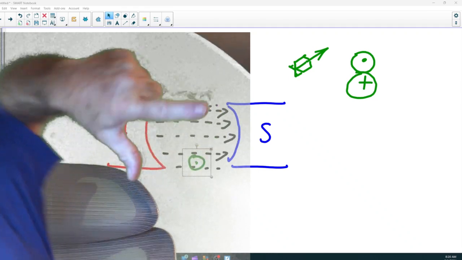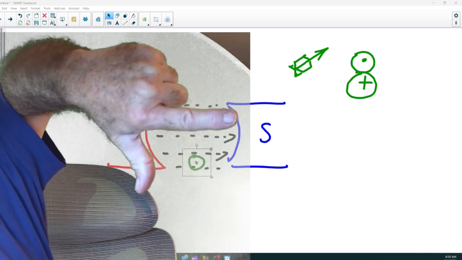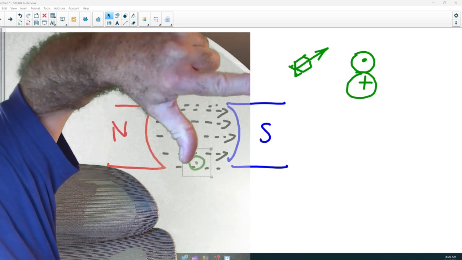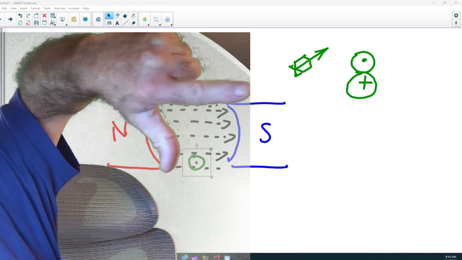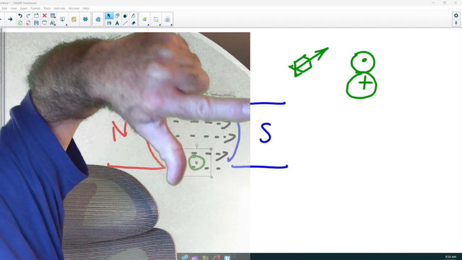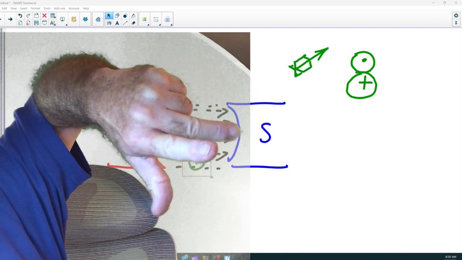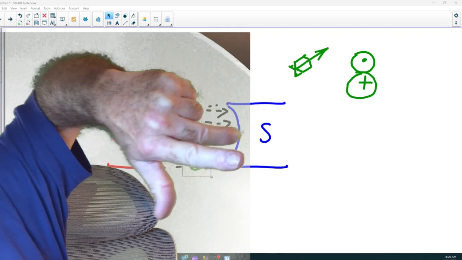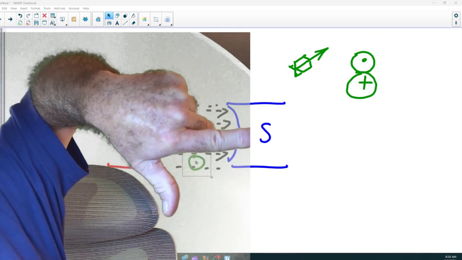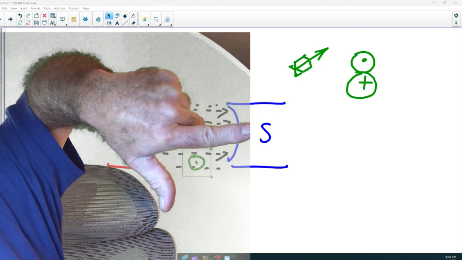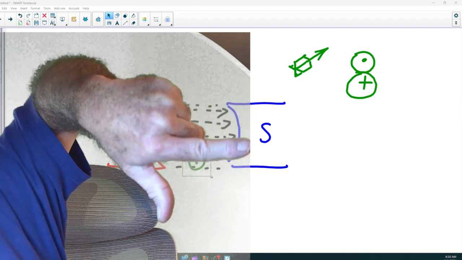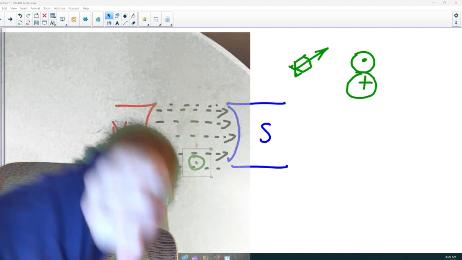And my thumb is pointing in the direction of the movement of the conductor through the magnetic flux. It's going from the top to the bottom. And this middle finger is pointing into the board. So when it's coming down, the current is actually going into the board.